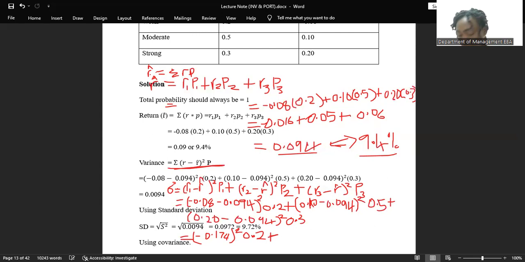So that would be 0.10 minus 0.094. Okay, that would be 0.006 squared, and the probability is what?